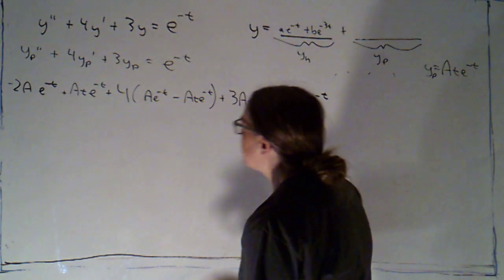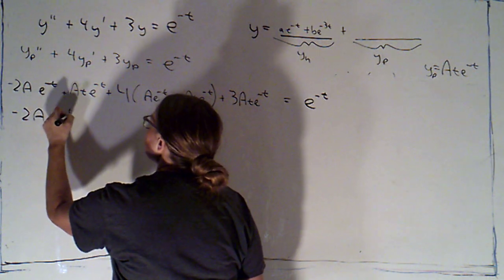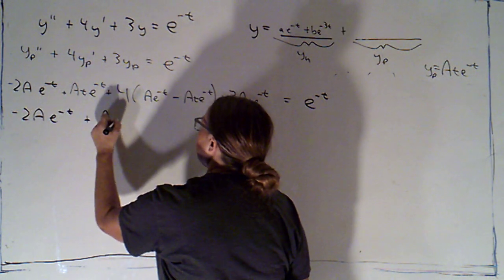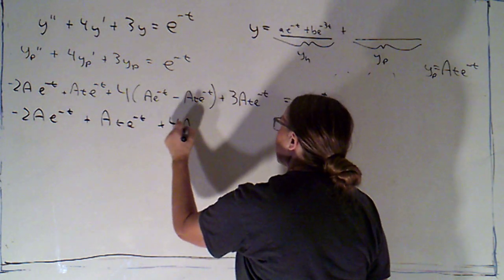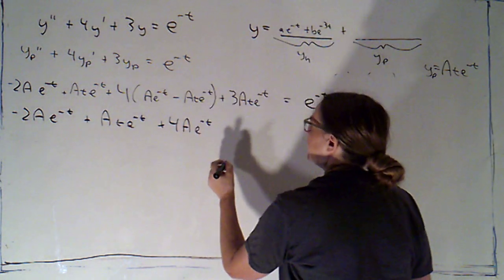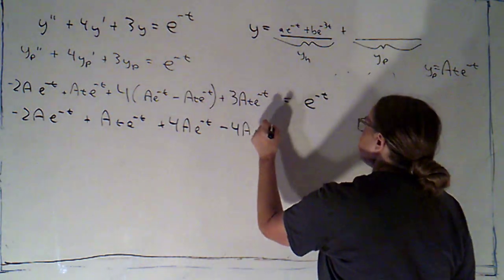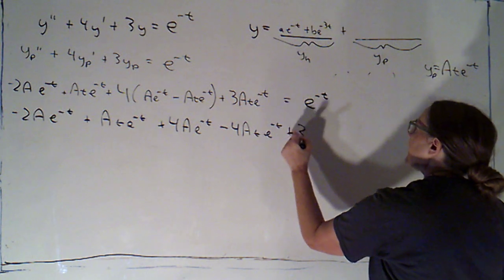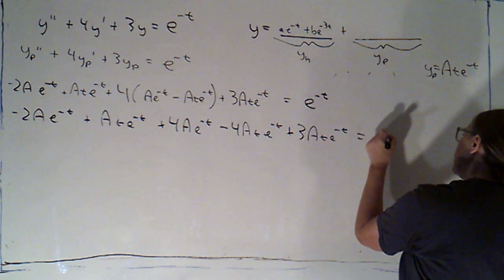So let's do some distributing and consolidate some terms. Negative 2a e to the negative t plus a times t e to the negative t plus 4a e to the negative t minus 4at e to the negative t plus 3at e to the negative t has to equal e to the negative t.